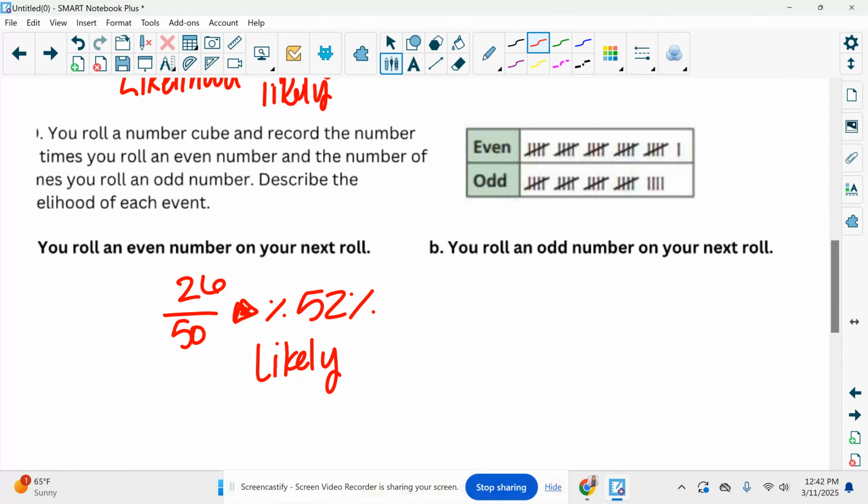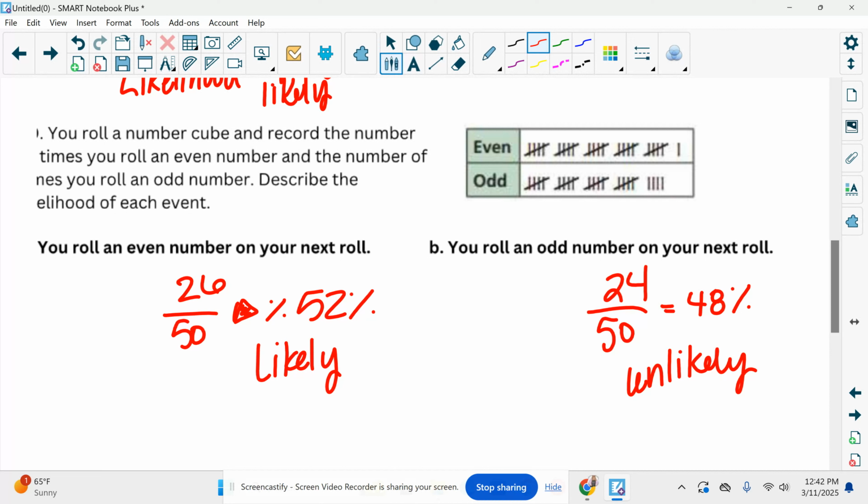And then how many times did we roll an odd? 24 over 50, which gives me a percent of, which is a likelihood of, okay? Alright, that's as far as we're going on that side.